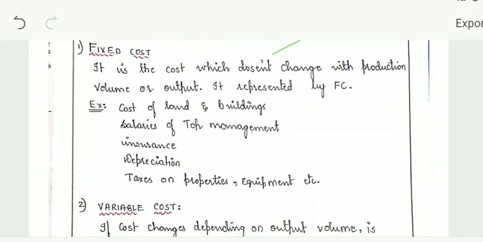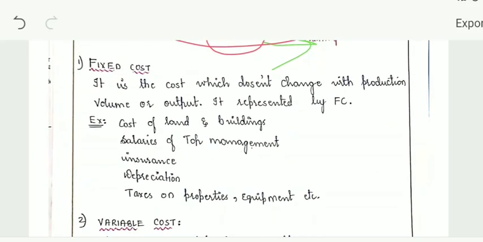So again, a revision. First we'll see what you mean by fixed cost. It is a cost which does not change with production. It is represented by FC. For example, will the cost of the land and buildings change?